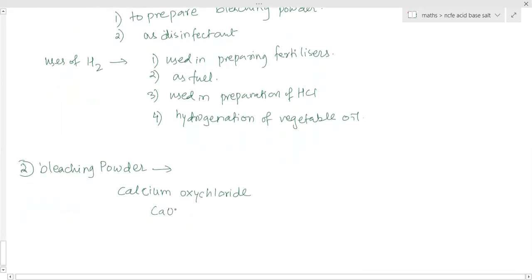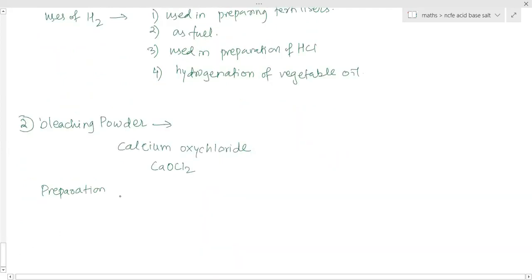The formula is CaOCl2. This is the formula. So it is prepared by, preparation: it is prepared by passing chlorine gas through dry slaked lime. Dry slaked lime.